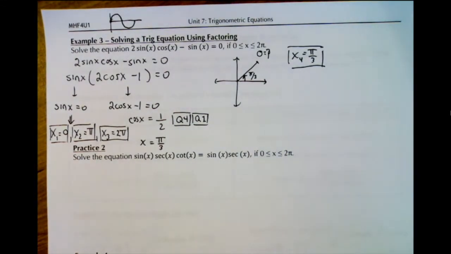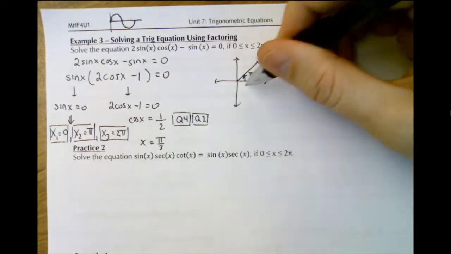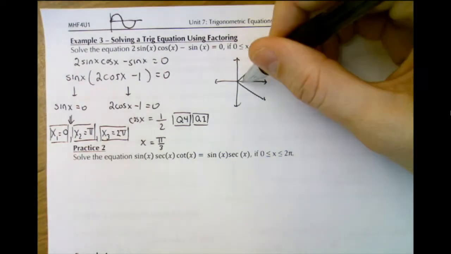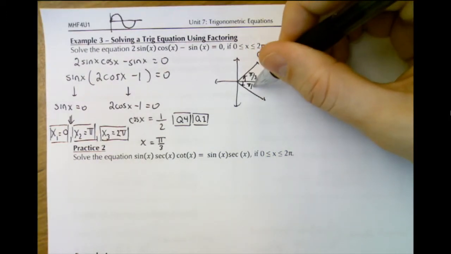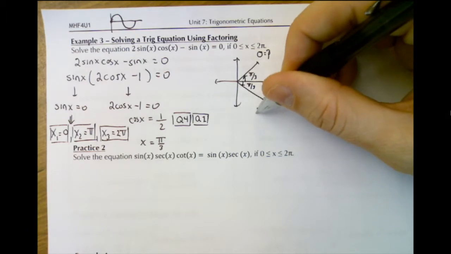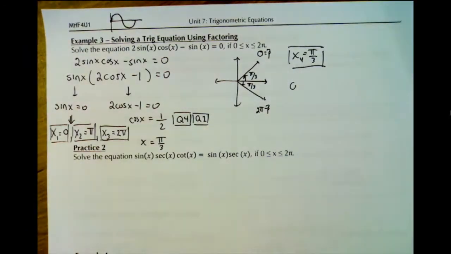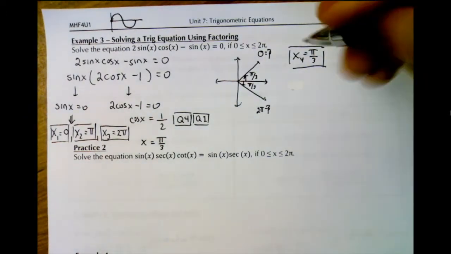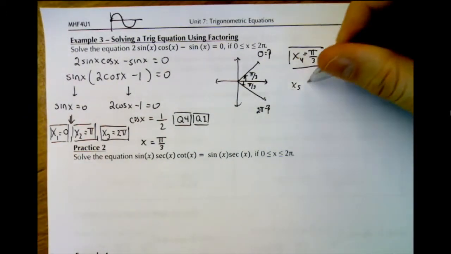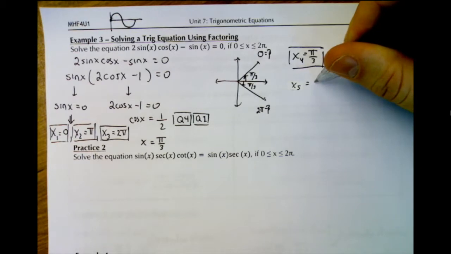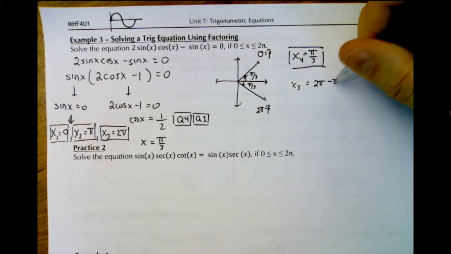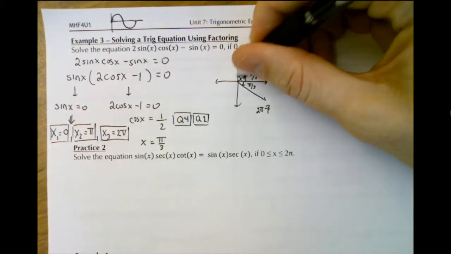To get our last answer, we're looking in quadrant 4. I'll just draw it down here. Your reference angle is still the same, but in quadrant 4 it's 2 pi minus beta to get your answer. So our x5 is just 2 pi minus pi over 3, or this angle.